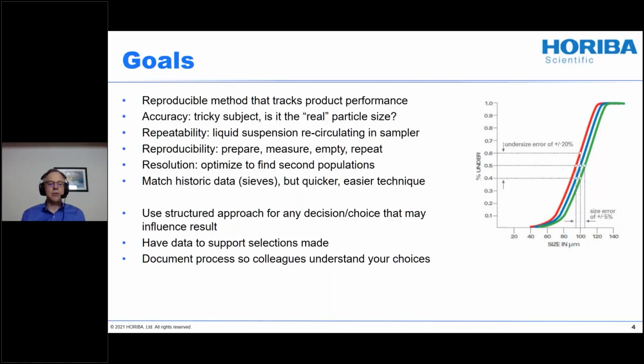Going back to the accuracy question, are you trying to match historic data such as sieves, but with a faster, easier technique? A goal you want in mind towards the end is some sort of structured approach or structured report to explain or justify any decisions you've made. That's going to be helpful to yourself as well as others. That goes with having that data and documenting the process so people understand what is going on.